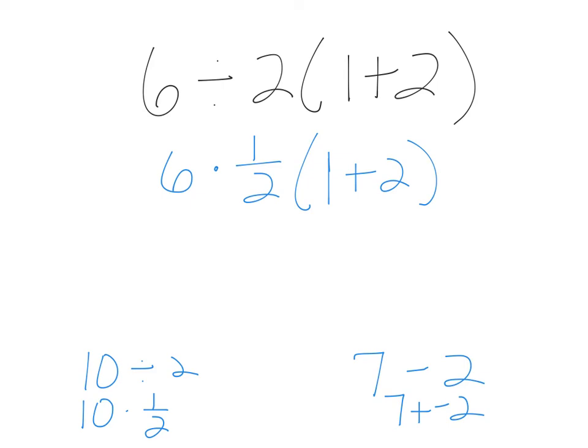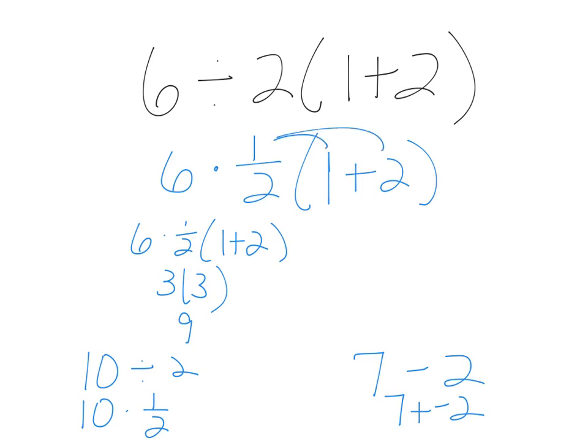And in that case, you could go further. You could take 6 times a half. And 6 times a half is 3, which then 3 times 3 is 9. In addition, we could actually distribute the 1/2.